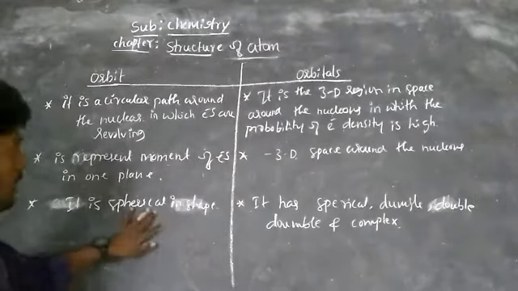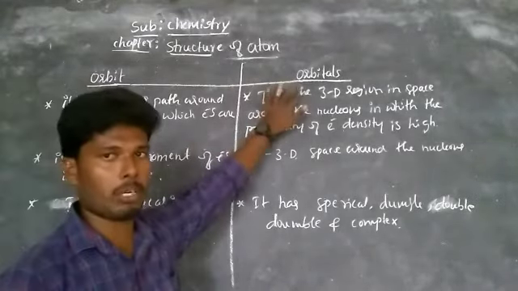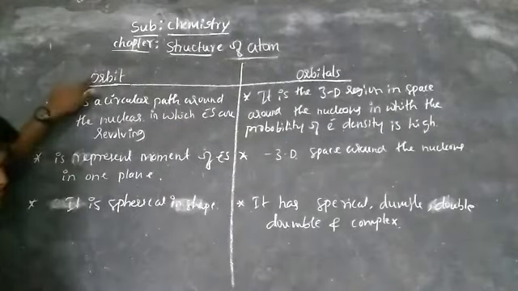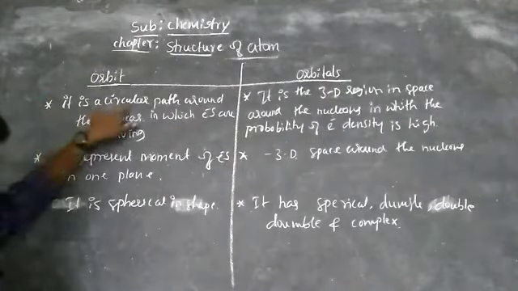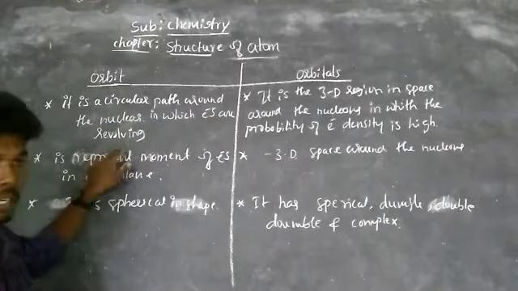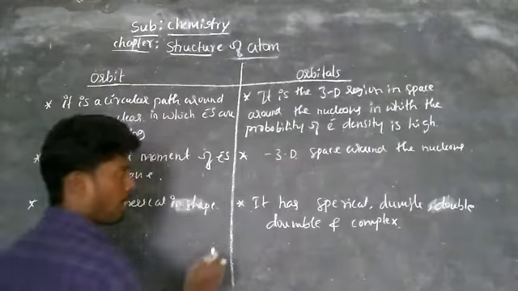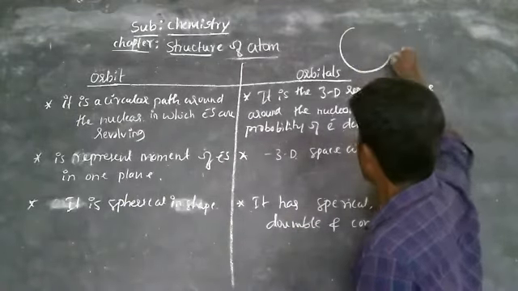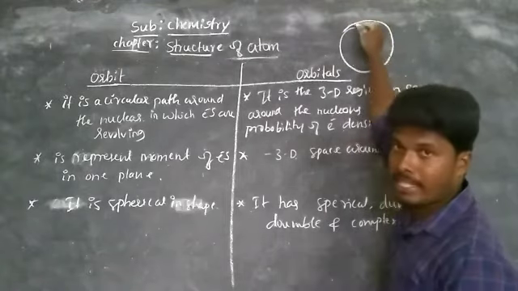So the next one, difference between orbit and orbitals. Here orbit is nothing but a circular path around the nucleus in which electrons revolve. So here observe, this is an orbit around the nucleus, right?